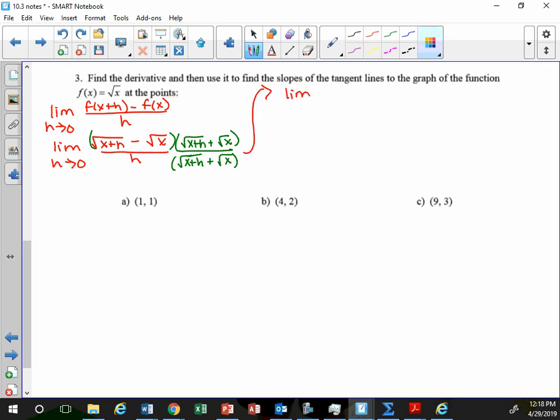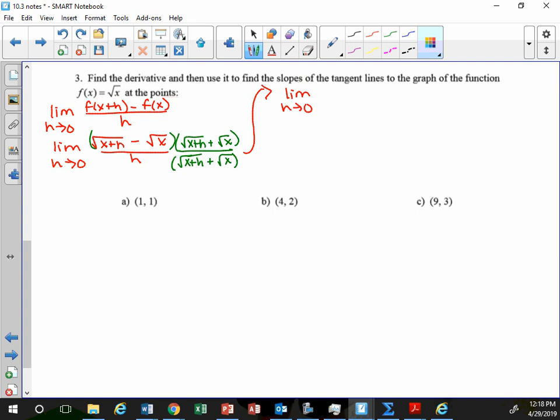So limit as h approaches 0. My numerator is x plus h minus x, right? You guys see that? So are we okay with just calling that h? Can I jump to that? You with me, everybody?